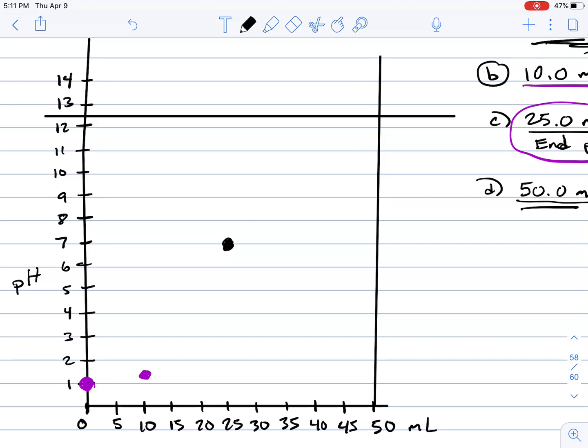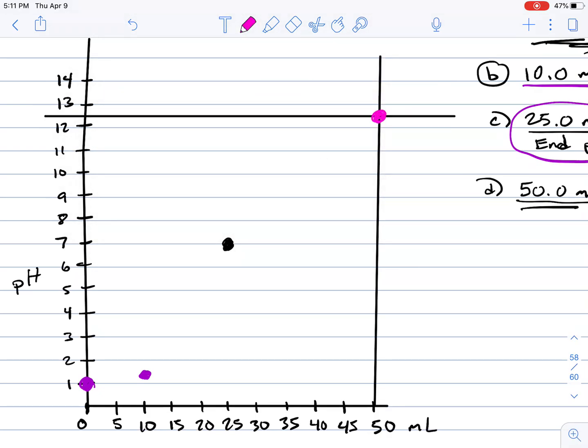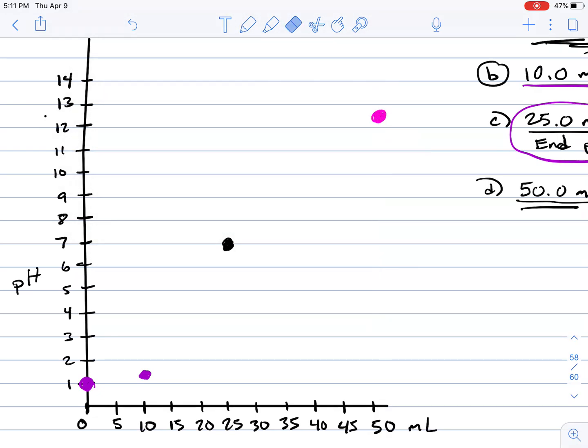It's a sketch, I'm not going to fight it. Let me put this in pink. Then I'm going to erase these two. All right, so we have all 4 points that we calculated.